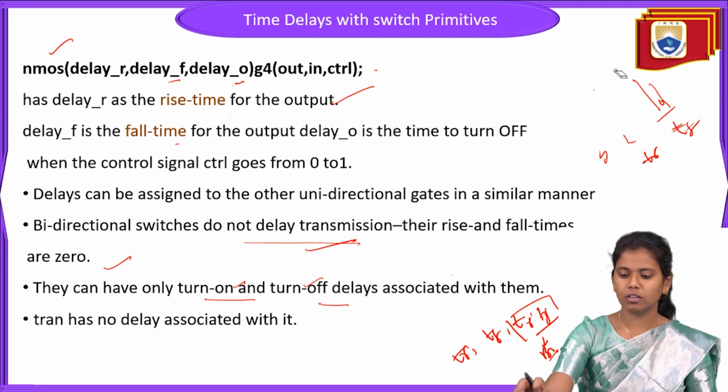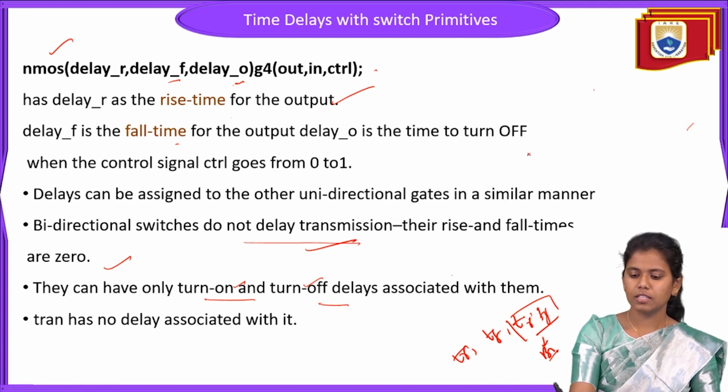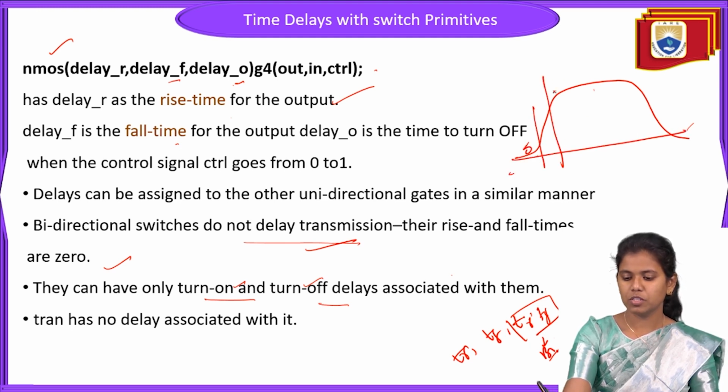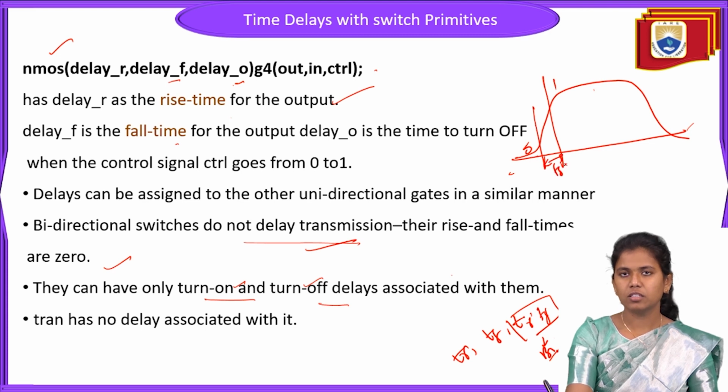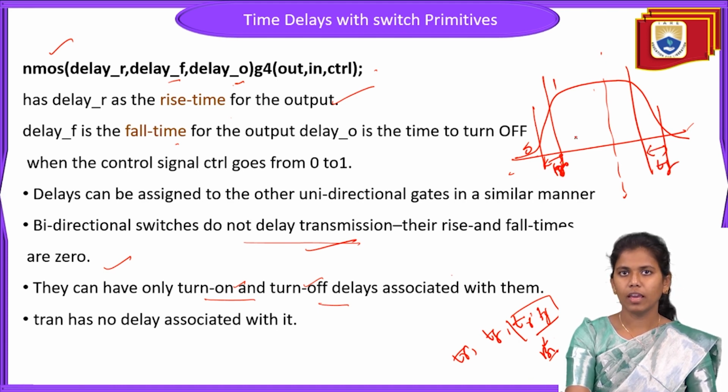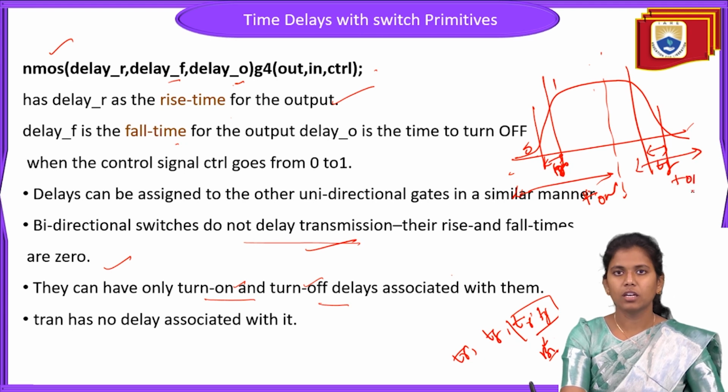Turn on and turn off: this is the transition taking place from 0 to high value, this is rise time. Then from here to here the switch will be on, turn on time. Then from here to here it is turn off time.